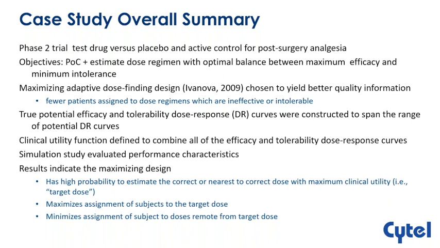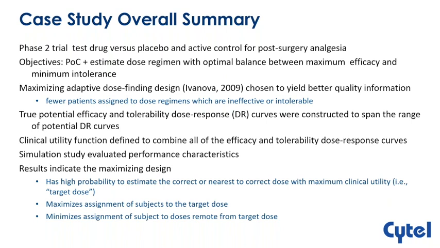The true potential efficacy and tolerability dose response curves were constructed separately for efficacy and tolerability to span a range of potential true underlying dose response curves. And then several options for a clinical utility function were considered to combine them. There's more about that in the slide set, the link of which was on the previous slide.